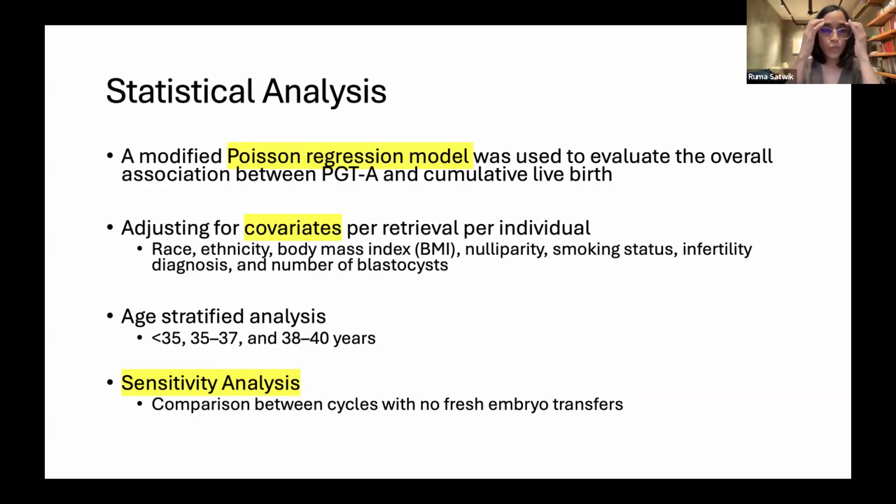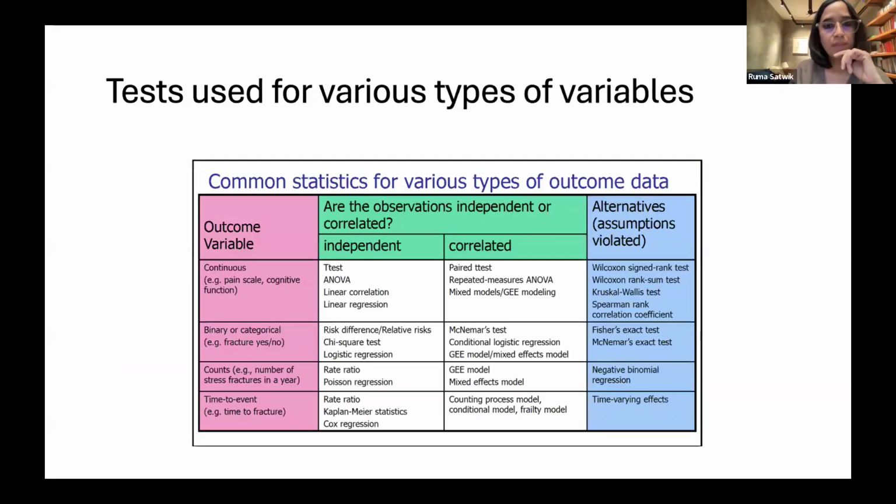So when a word like Poisson comes into our parlance, you have to ask, why has this been used? What is binary regression model? Binary regression model is used where you have a binary outcome, live birth or no live birth. It's a yes or a no answer. However, Poisson, I'm just going here to this table.